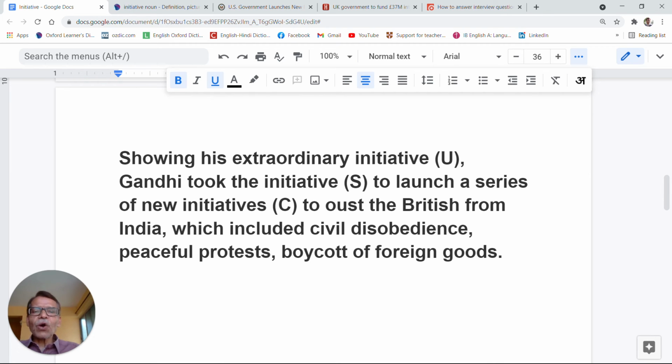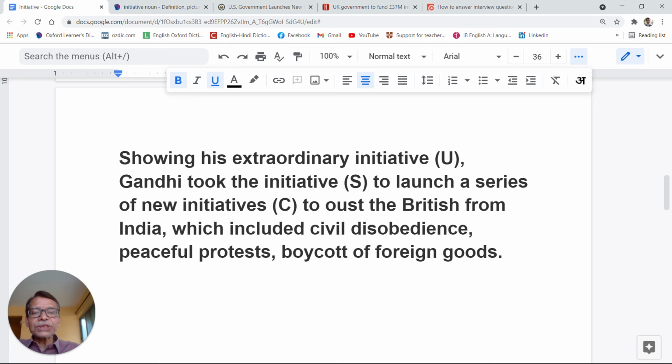Showing his extraordinary initiative, here uncountable now. Gandhi took the initiative. Not, this is singular verb, and where I told you this initiative must be used with the, not without the.